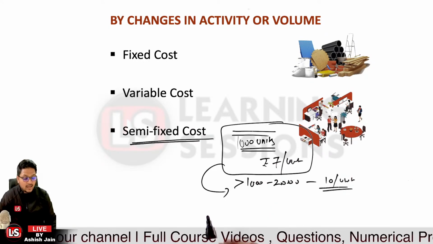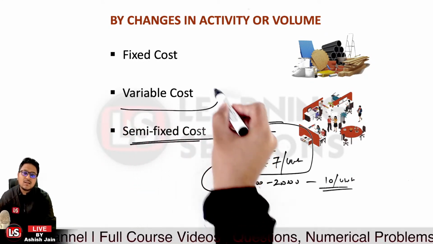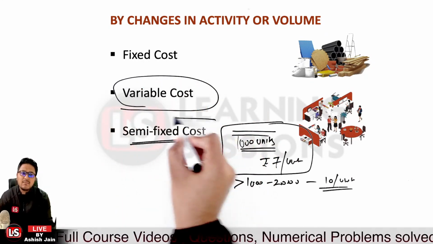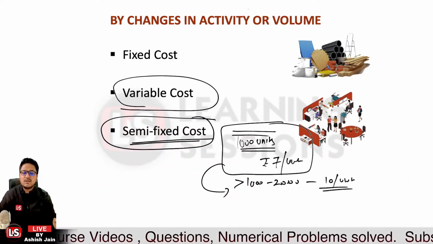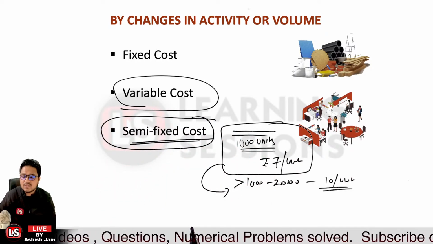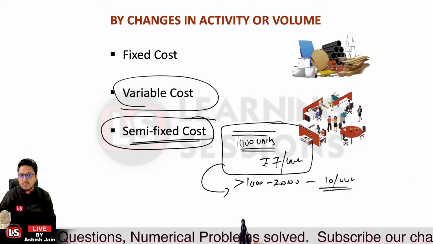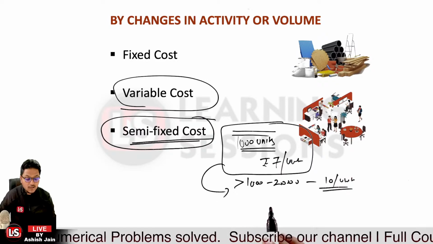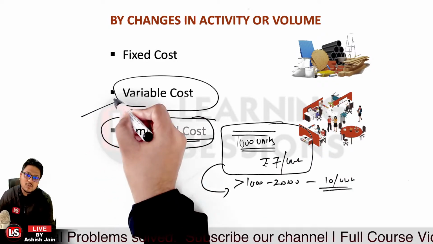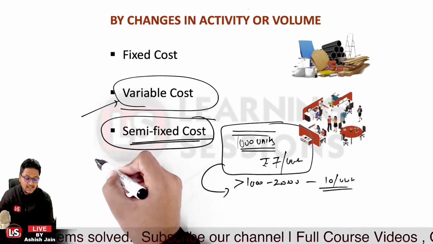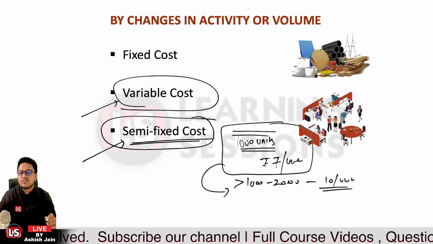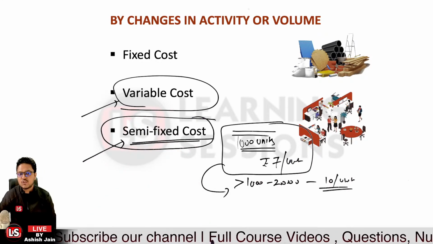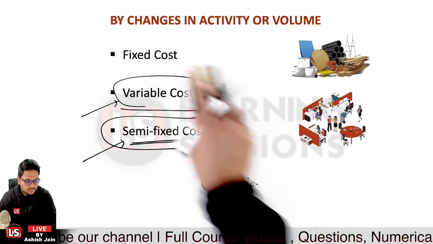But let me tell you, if we compare the variable cost and the semi-fixed cost, and look at the variation factor, the variation in case of variable cost would be much higher compared to the semi-fixed cost.